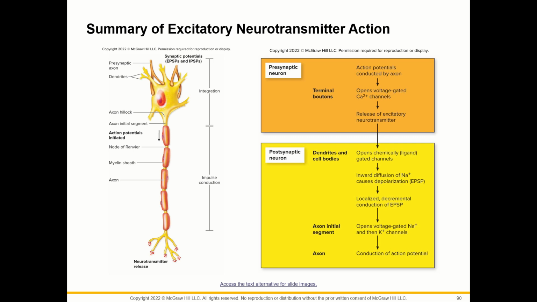If we add IPSPs together, we can go away from our threshold and inhibit the neuron. If we get the same number of EPSPs as IPSPs, nothing happens because they cancel each other out. So if we get an action potential, then it's going to be impulse conduction all the way down the axon towards the boutons, the axon terminals, and the neurotransmitter will be released.